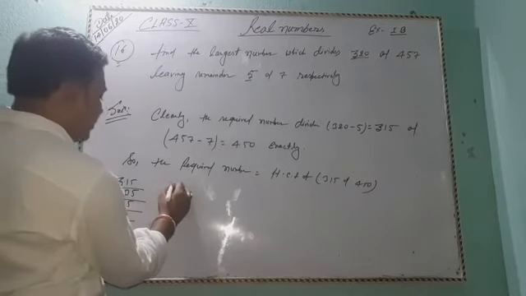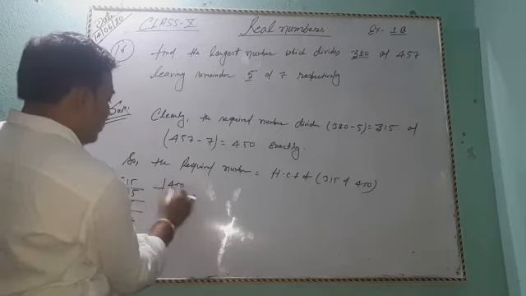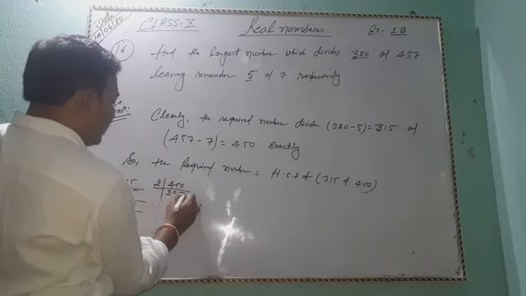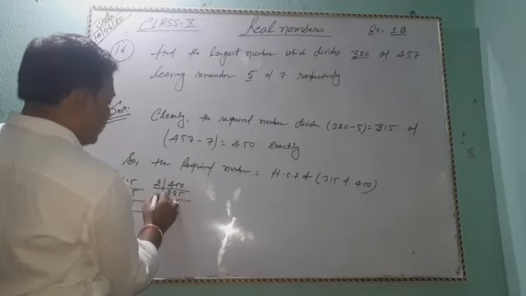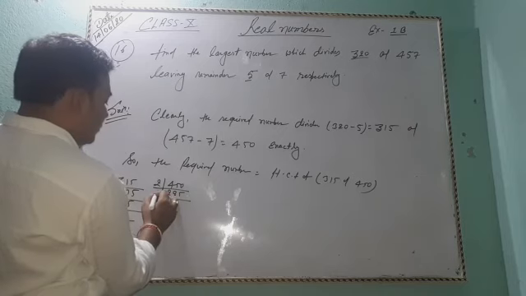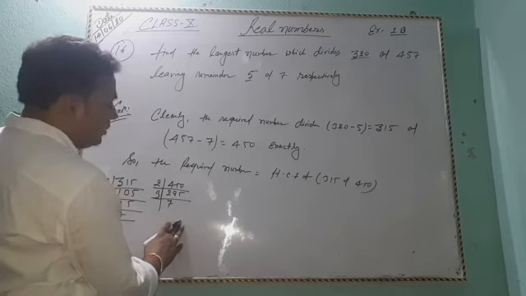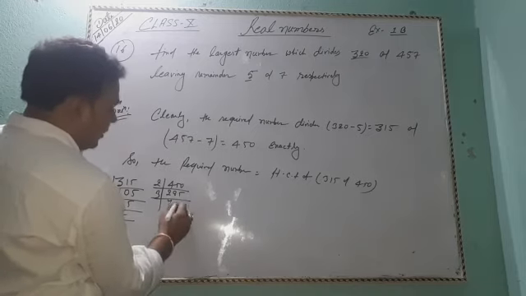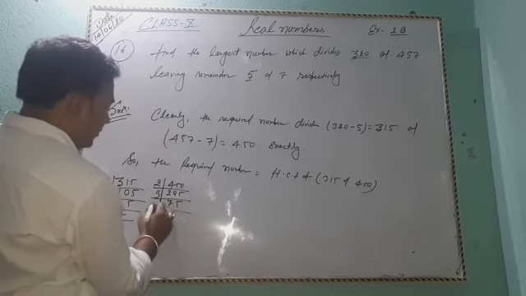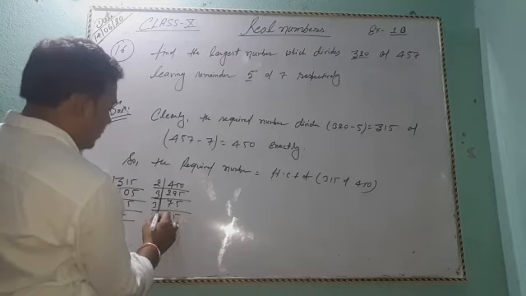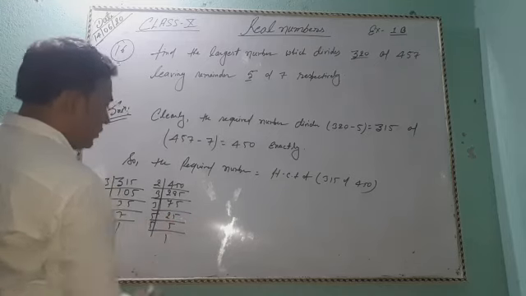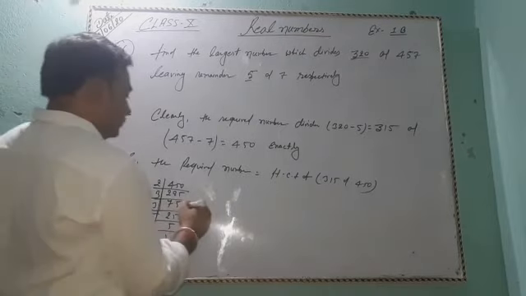And 450: 2 to 225, 3 7s are 21, 3 5s are 15, 5, 5, 5, 1.